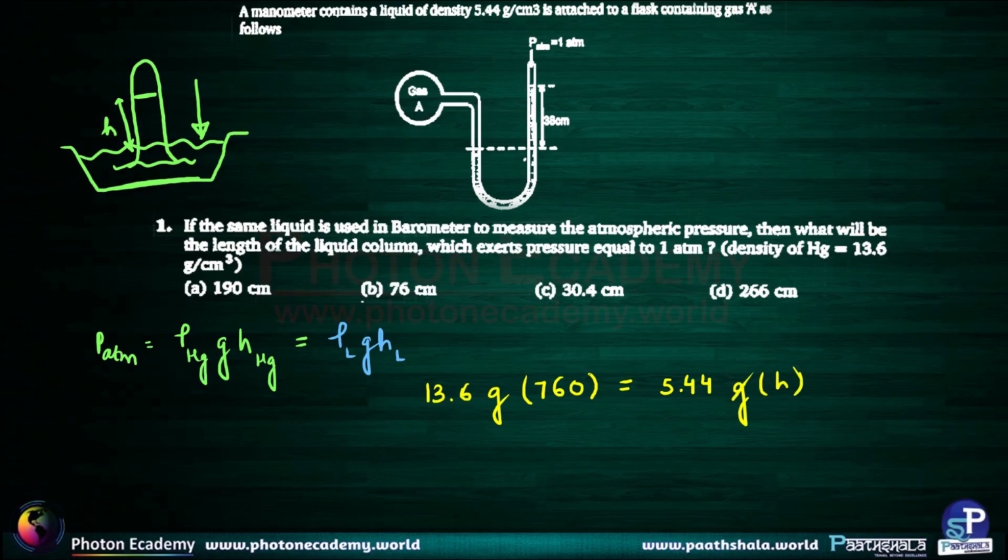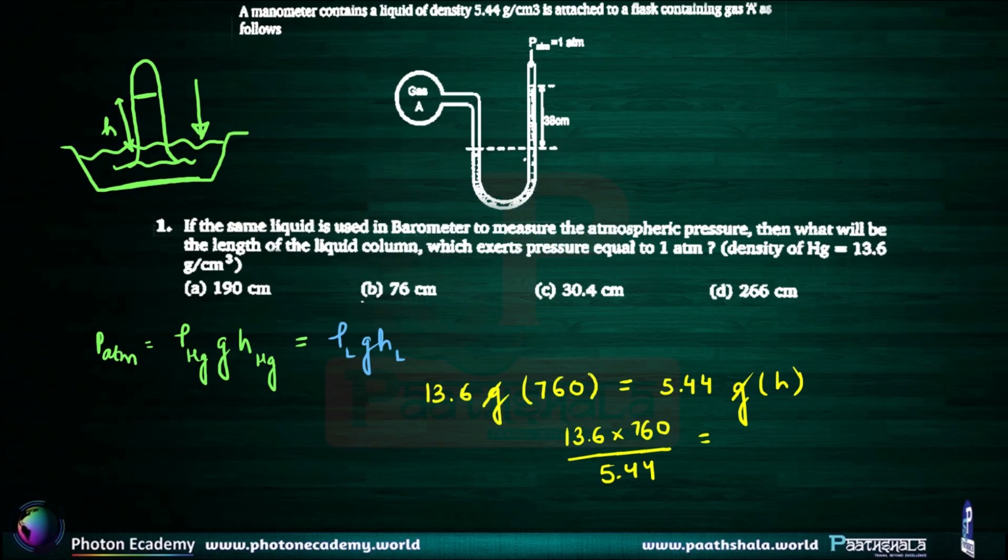So this g gets cancelled out. We are left with 13.6 into 760 divided by 5.44, and this gives us 1900 mm, or this can be written as 190 centimeters. So the answer for this part becomes option A.